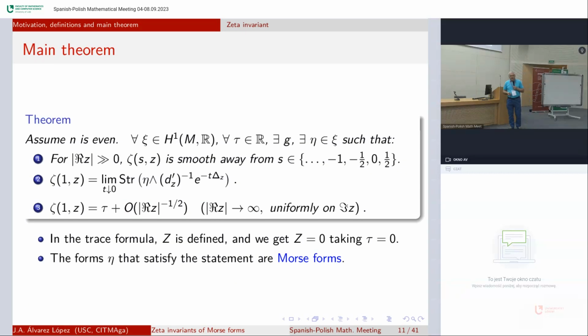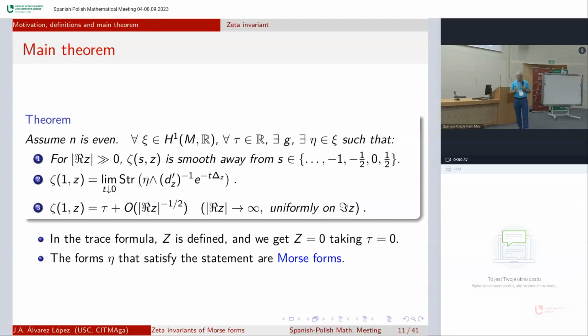Now the theorem we prove is that if the dimension is even, for any real cohomology class of degree 1, and for any given real number tau, we can choose a metric g and a representative eta of the class such that if the absolute value of the real part of the parameter theta is large enough, then the theta function is smooth away from the half integers and integers which are less than or equal to 1/2.